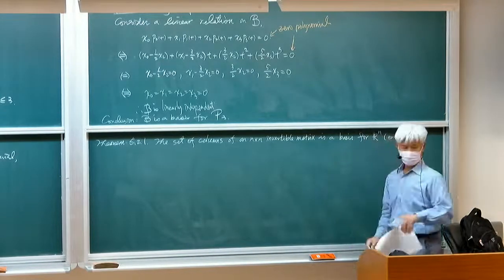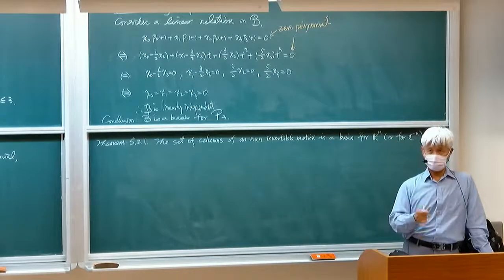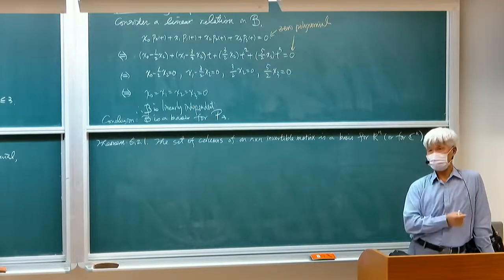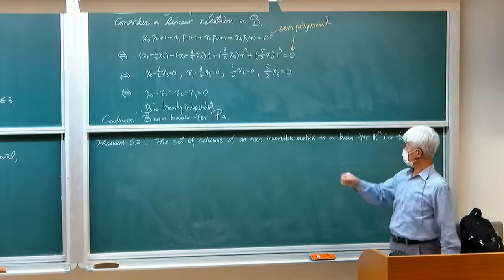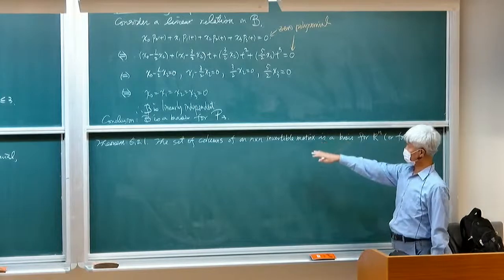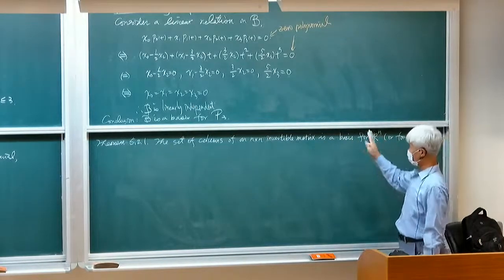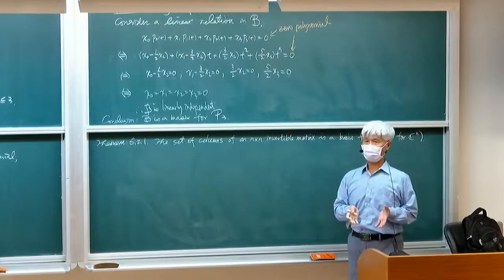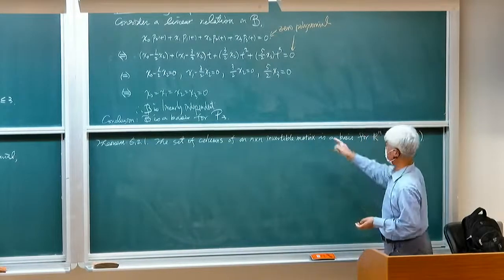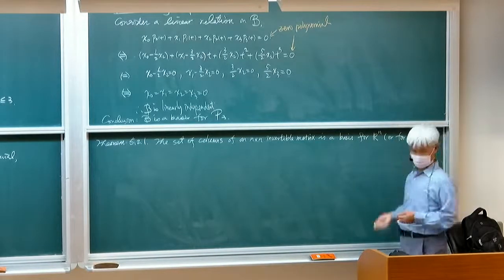Depends on whether the matrix has real entries or complex entries. If the matrix has real entries, then its columns form a basis for Rn. But if the matrix is complex, then its columns form a basis for Cn.